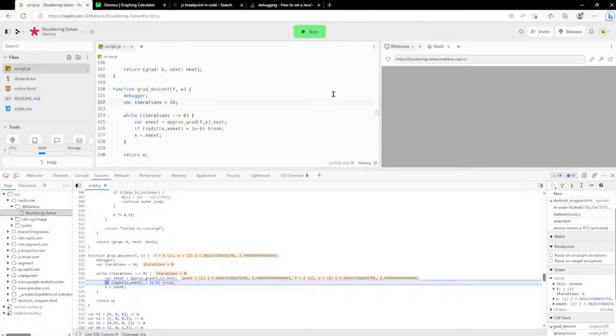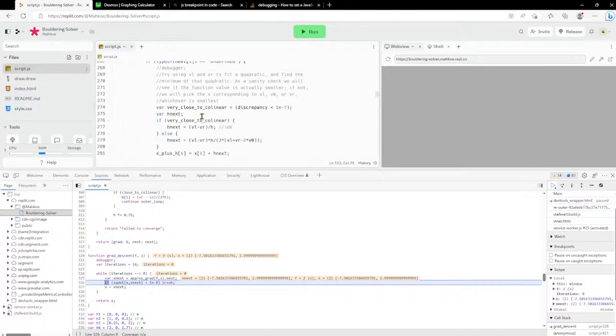Or our initial step size could be a function of x. Alright, that's easy enough to implement, and it kind of makes sense anyway.